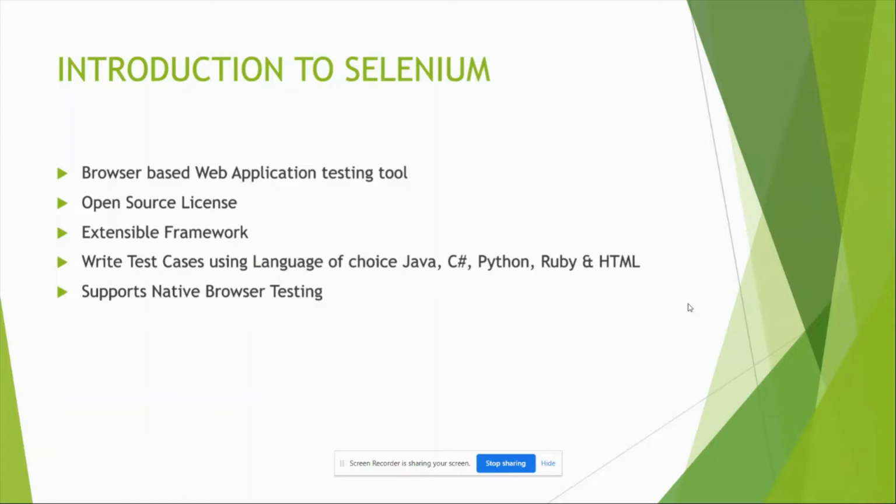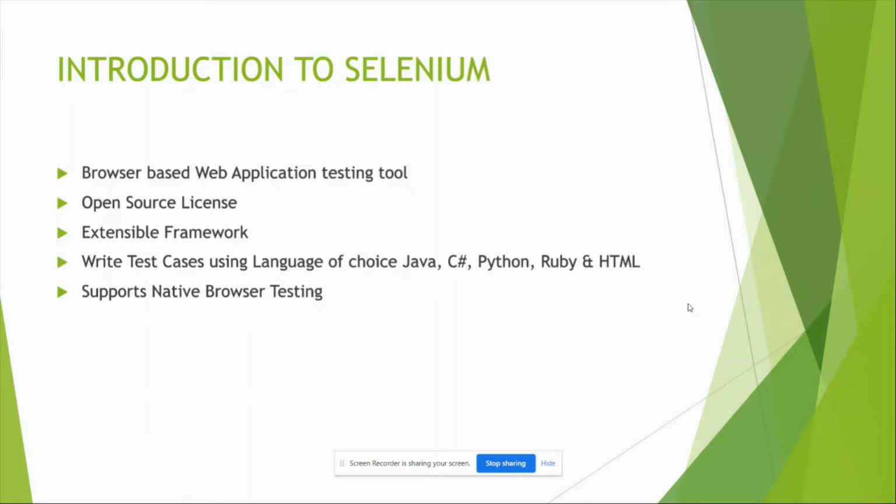They are desktop applications. Although they are using internet, they are desktop applications and not web applications. So those applications cannot be tested using Selenium. Selenium can only test those applications which can be opened on a web browser, right?